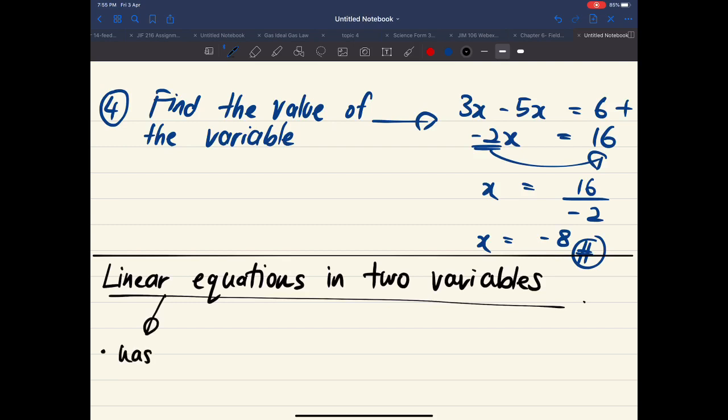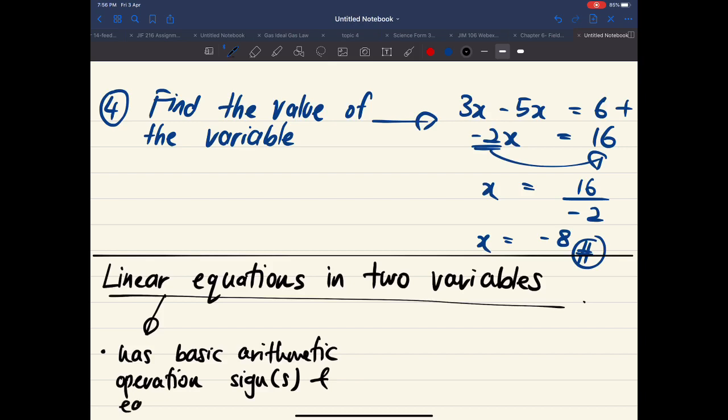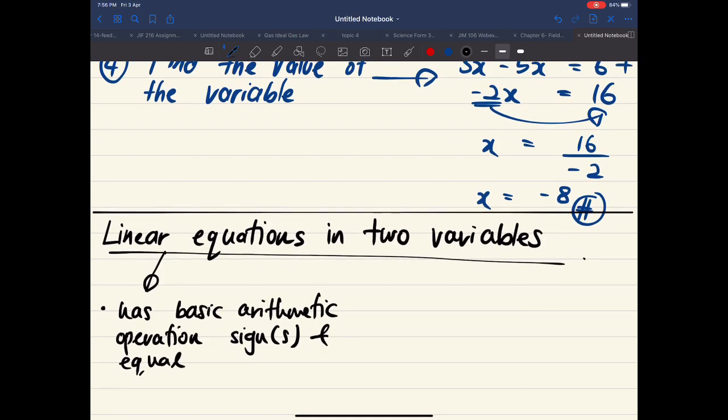It has a basic arithmetic operation sign and an equal sign.